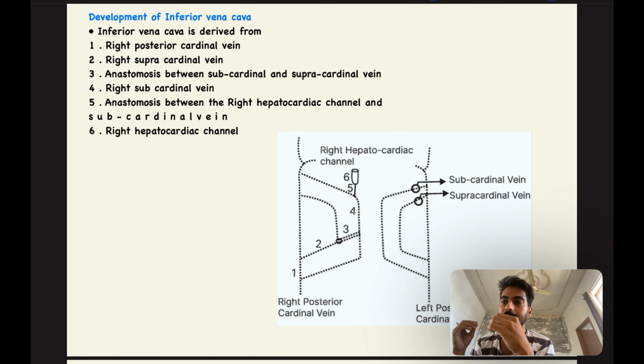The inferior vena cava is derived from all these six channels: right posterior cardinal vein, then right supracardinal vein, then anastomosis between subcardinal and supracardinal vein, then right subcardinal vein. Fifth is anastomosis between right hepatocardiac channel and subcardinal vein, and sixth the right hepatocardiac channel.